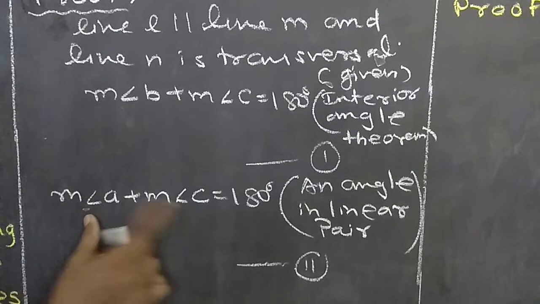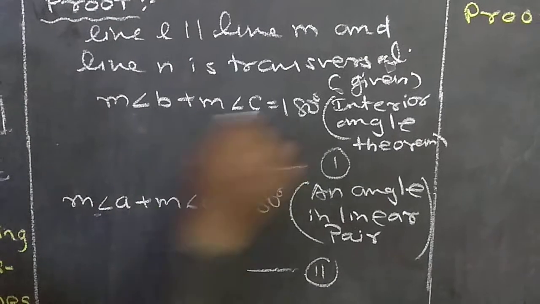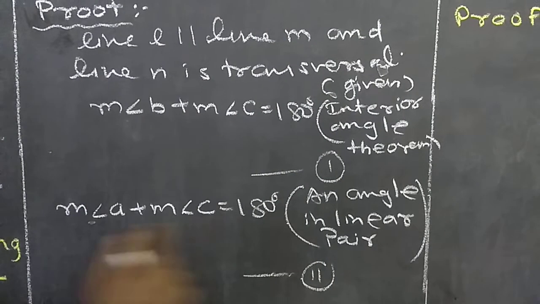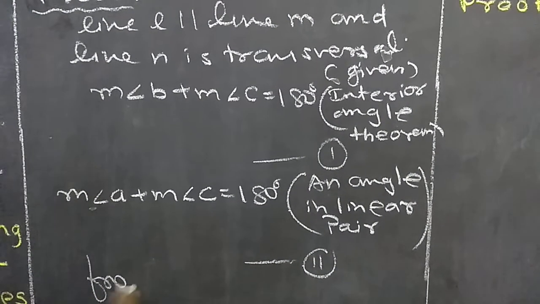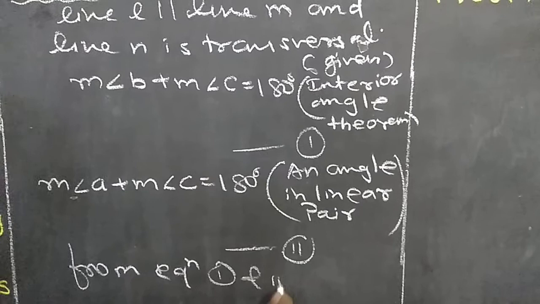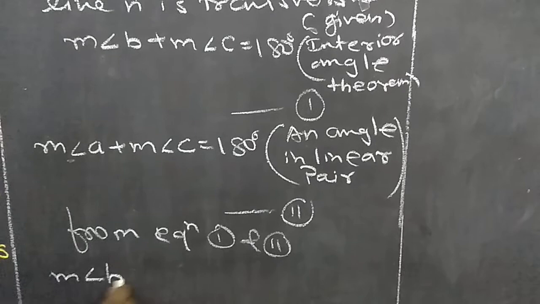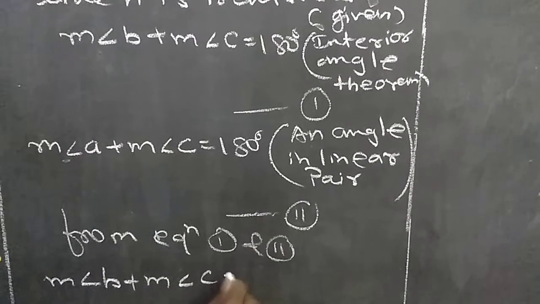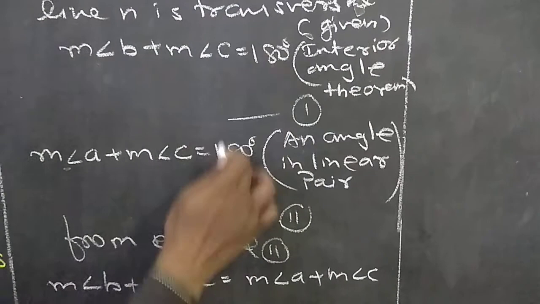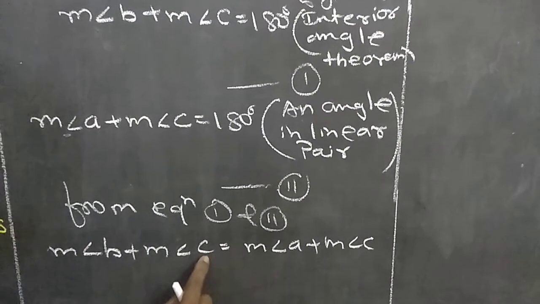Here also measure angle A plus measure angle C is 180 degree. ओके, दोनों का मेजर्स क्या है? सप्लीमेंट्री है. तो इसका मतलब ये दोनों एंगल की पेयर्स एक दूसरे के इक्वल होंगे. तो you will write here from equation 1 and 2: measure angle B plus measure angle C is equal to measure angle A plus measure angle C, क्योंकि दोनों की वैल्यू सेम है.